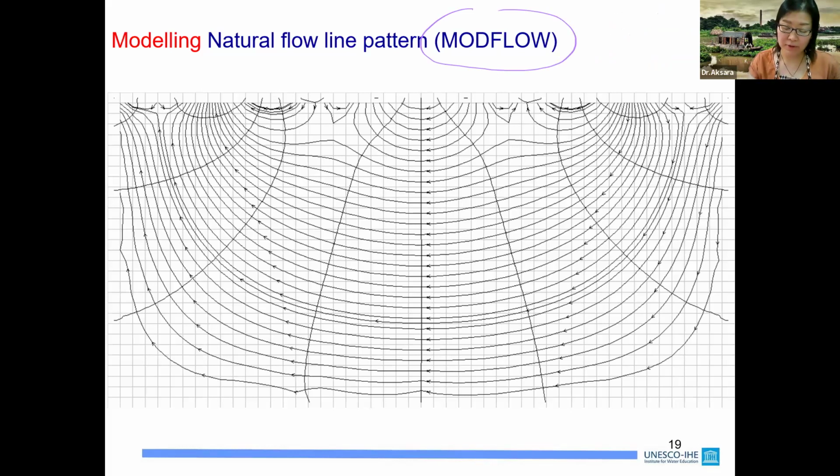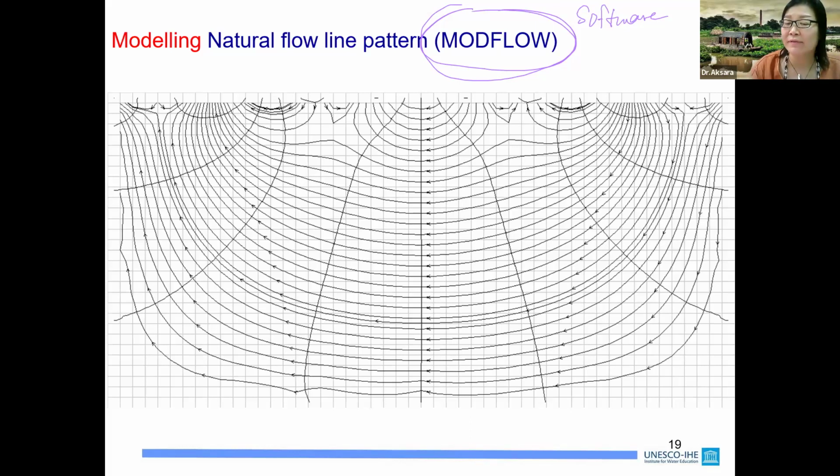MudFlow is a numerical software. It helps you model and program how groundwater flows and moves. It's actually very effective. We are now using MudFlow a lot for the Department of Groundwater Resources, and I'm also doing a lot of research based on MudFlow.